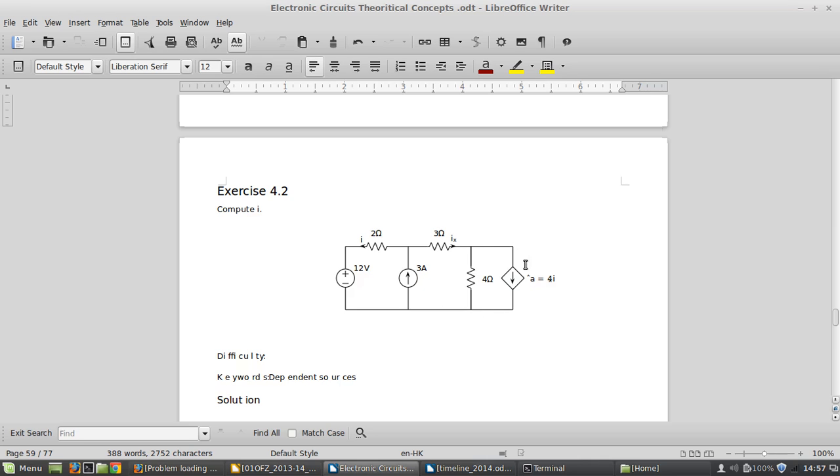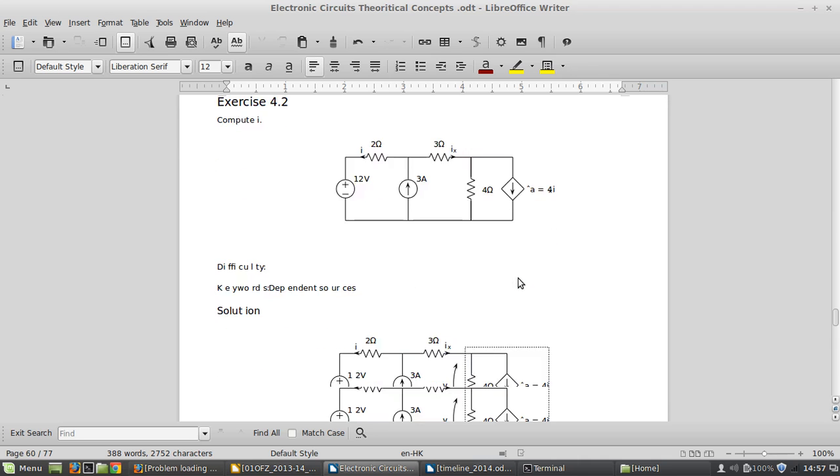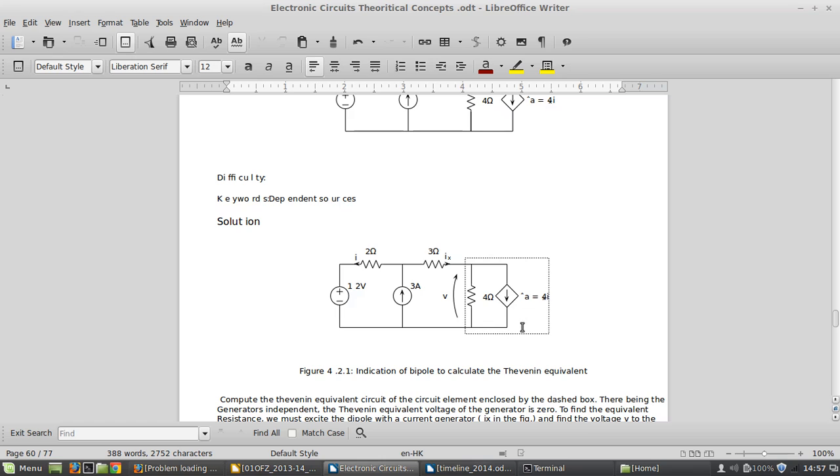Okay, to find the value of ix, you guys can solve this circuit. What I have done here is, I tried to find the Millman.